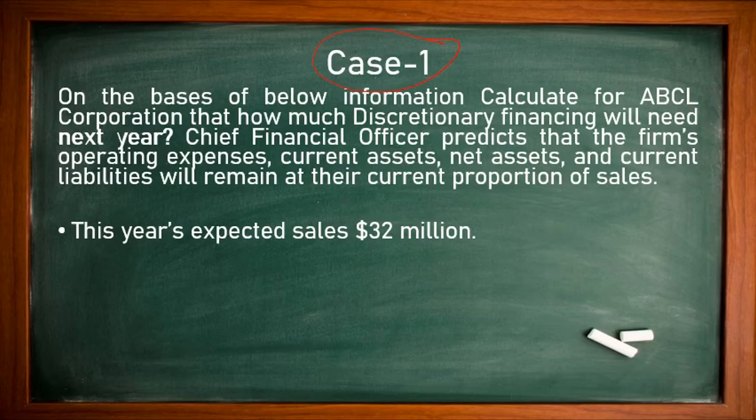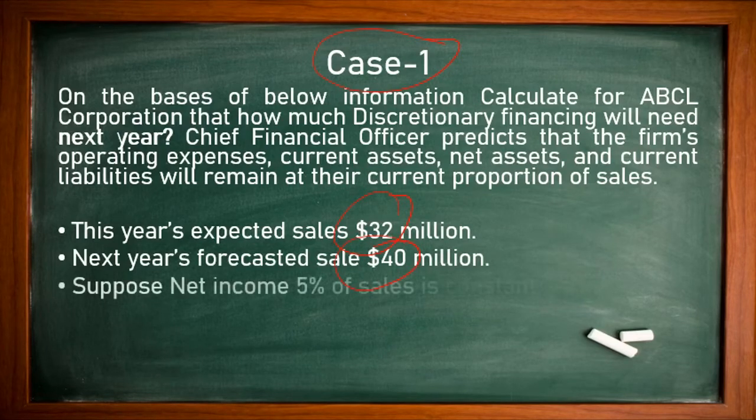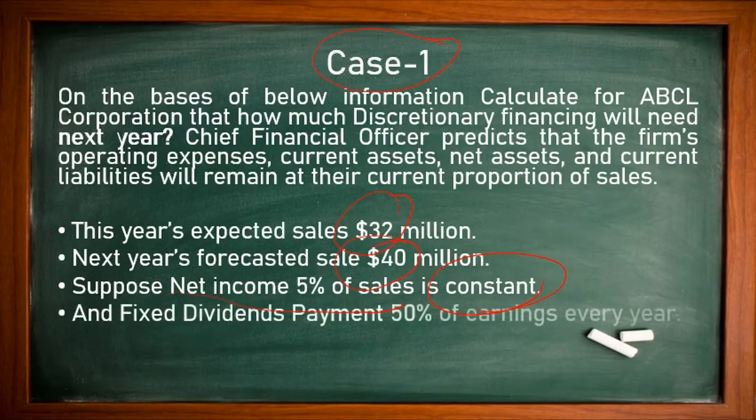Suppose this year's expected sale is 32 million and next year's forecasted sale is 40 million. Suppose net income is 5% of sale on a constant basis and fixed dividend payment is 50% of earnings every year.